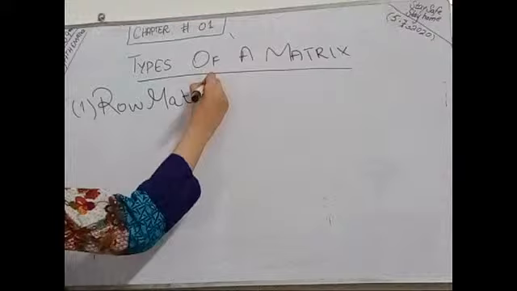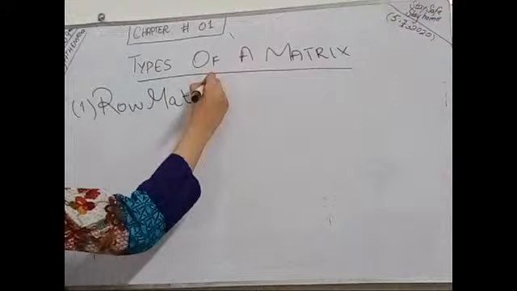For example, 2, 1, 4. These are the three entries present in a matrix in horizontal way you can see. So how many horizontal entries are there? Only one. We can see that there is only one row.